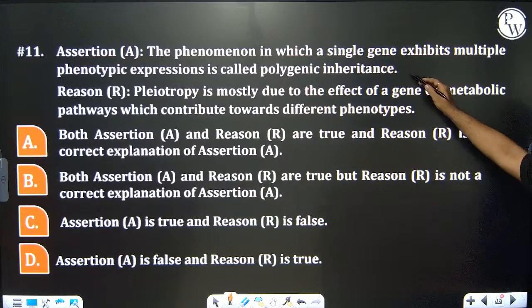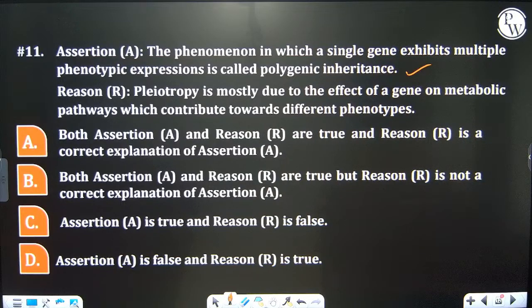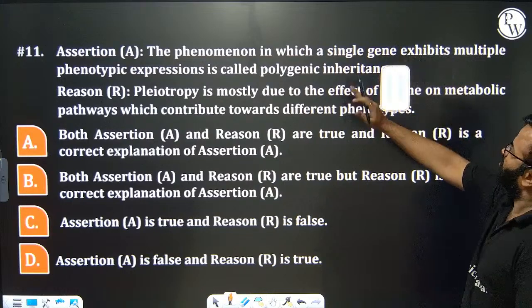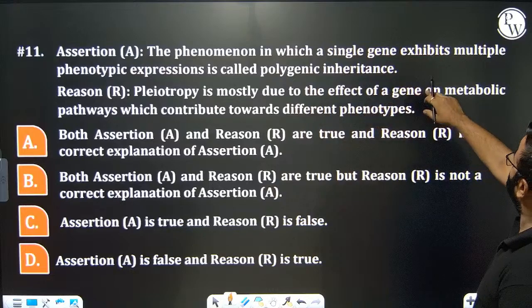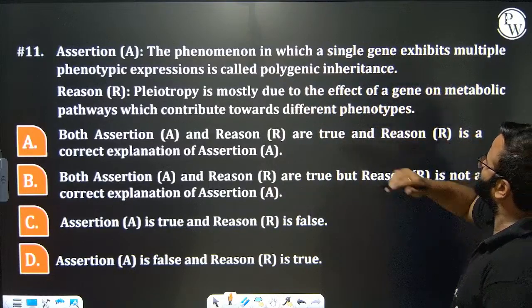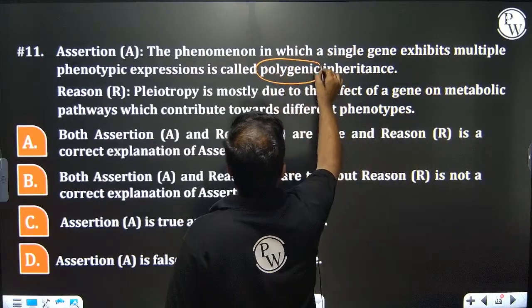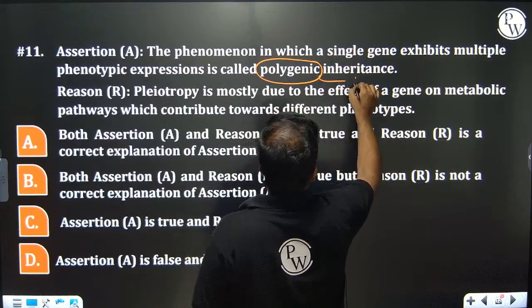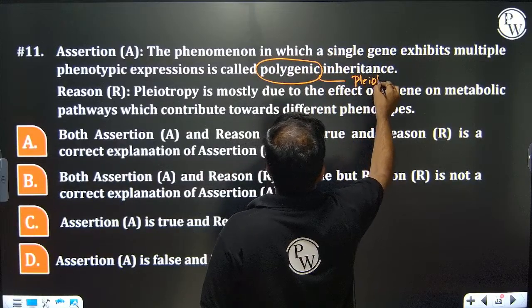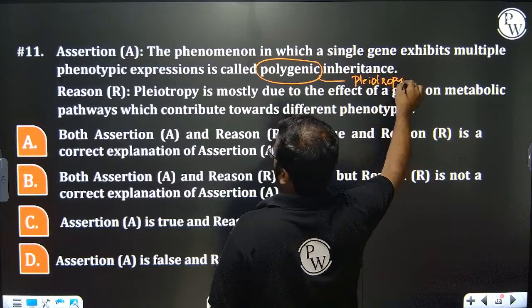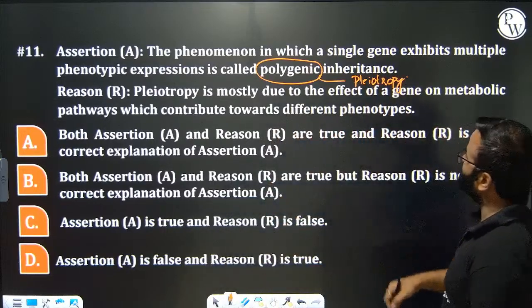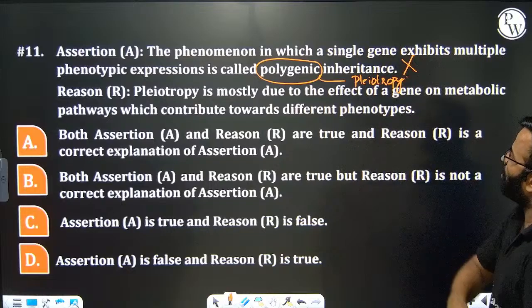Which is true as a statement. The phenomenon, hey, what are you talking, man? The phenomenon in which a single gene exhibits multiple phenotypic expressions is called not polygenic, it is called pleiotropy. So this statement is false.